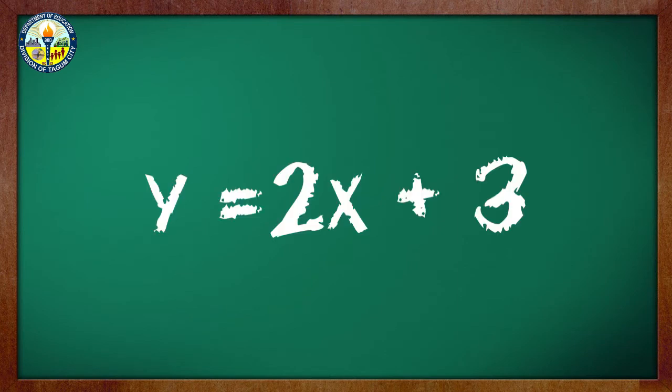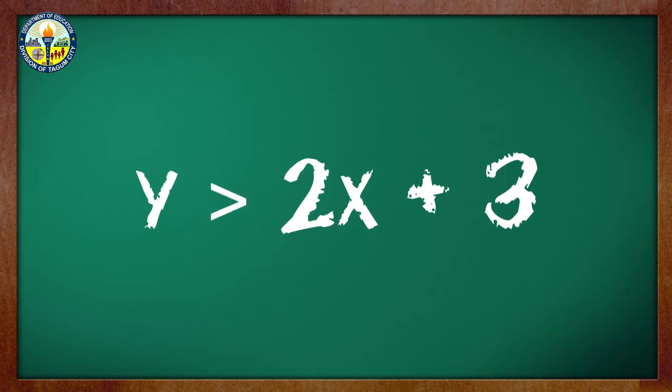What happens when the equality sign of a linear equation is changed to an inequality sign? Very good. The equation is transformed into a linear inequality. For example, the equation y equals 2x plus 3 becomes y is greater than 2x plus 3.